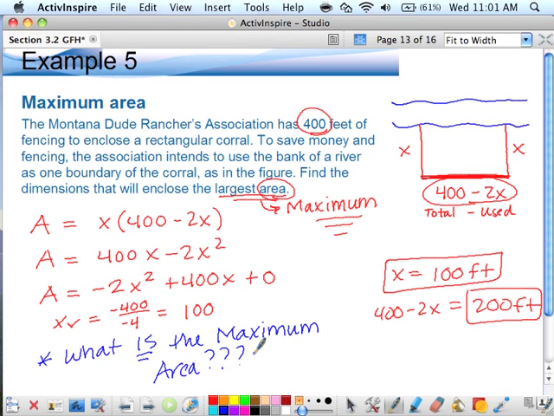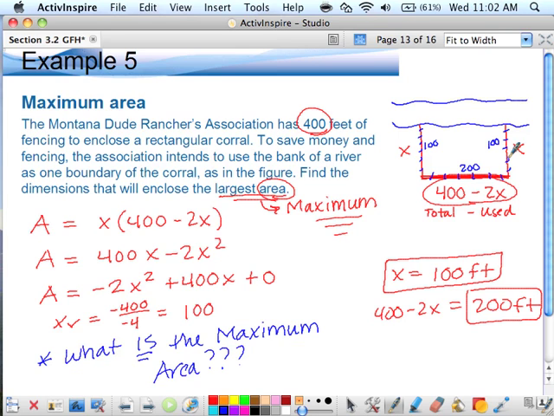Now I know that 100 feet along here, and here, and 200 feet along here is what's going to give me the maximum area. What is the maximum area? Anybody? 20,000 what? Square feet, right? How'd you find that?